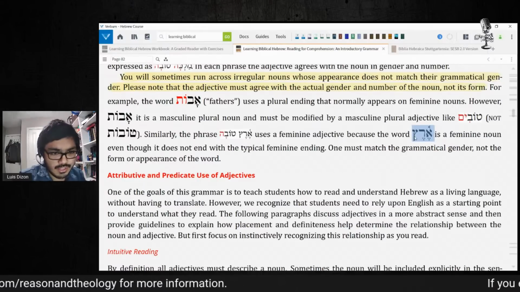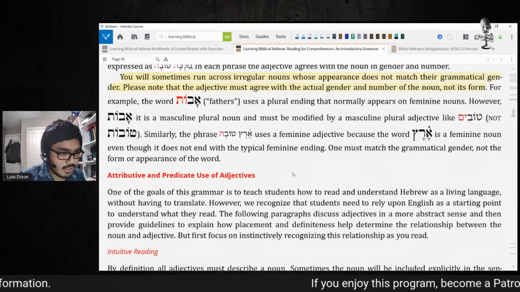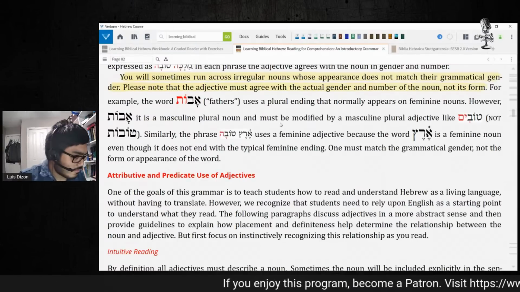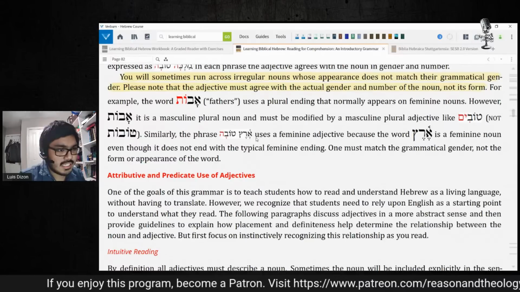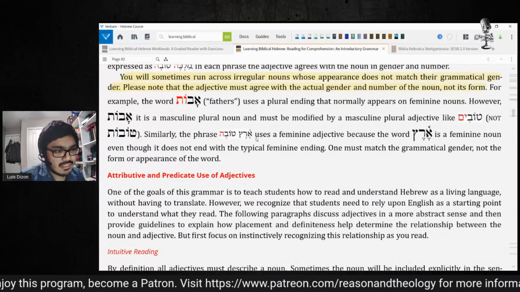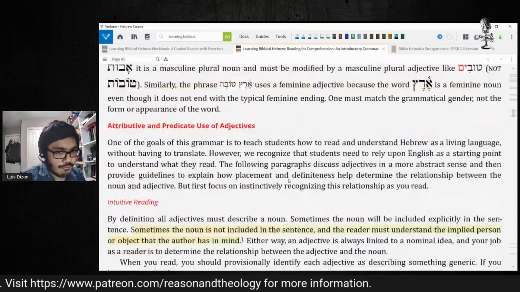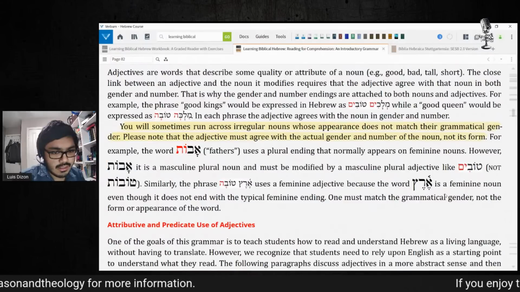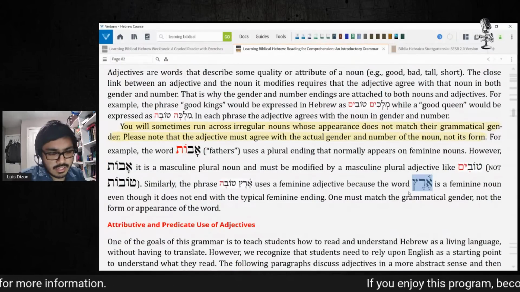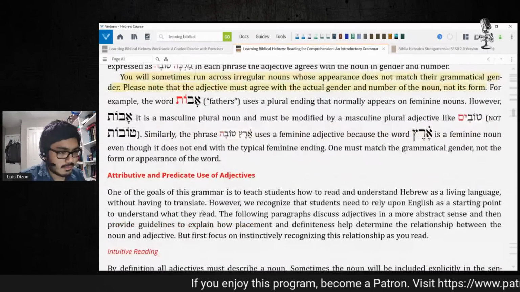However, rest assured, this is feminine. So earth in Hebrew is feminine. So when we say a good land, it is Eretz Tova, not Eretz Tov. So just remember that it agrees with the gender and the number of the thing that it is modifying.